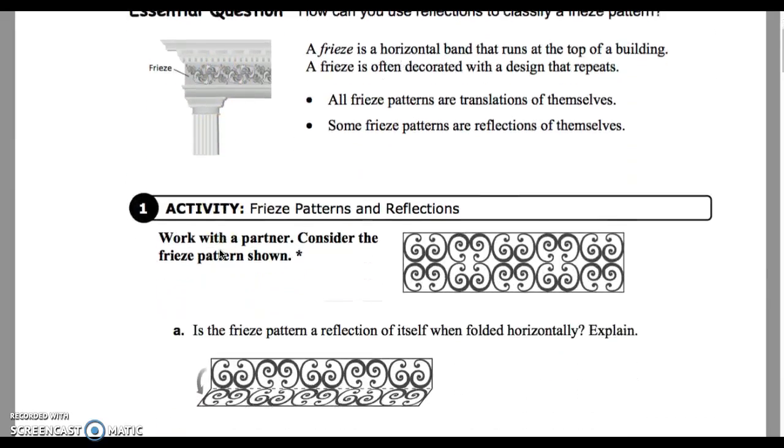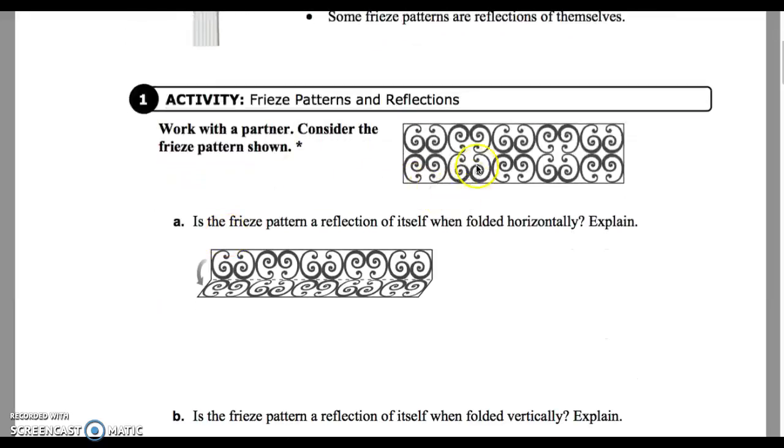So if we look at Activity 1, we're going to look at this pattern right here. Part A says, is the frieze pattern a reflection of itself when folded horizontally? So they kind of give you a picture right here. If you take this and you basically fold it in half along this imaginary dotted line, would it be a reflection of itself?